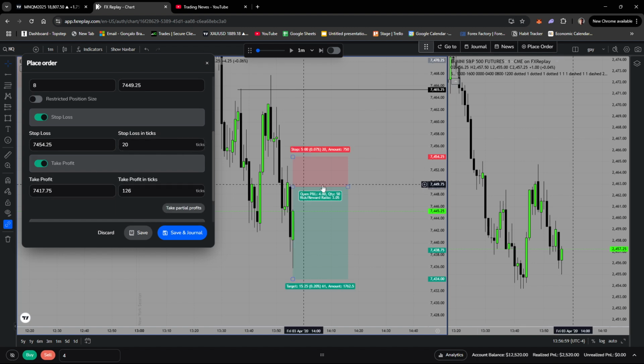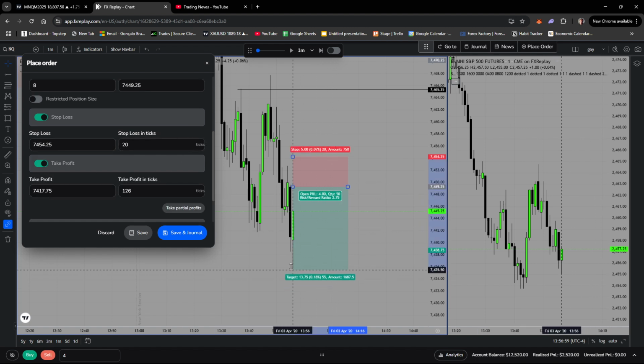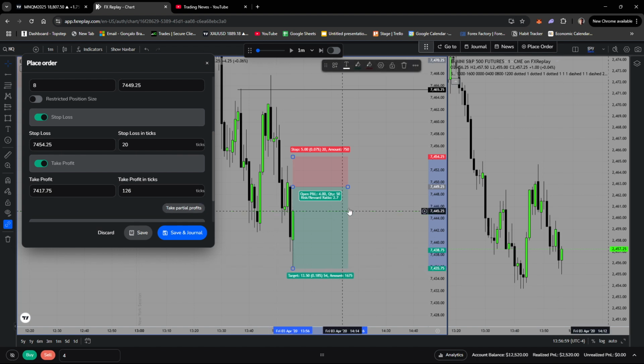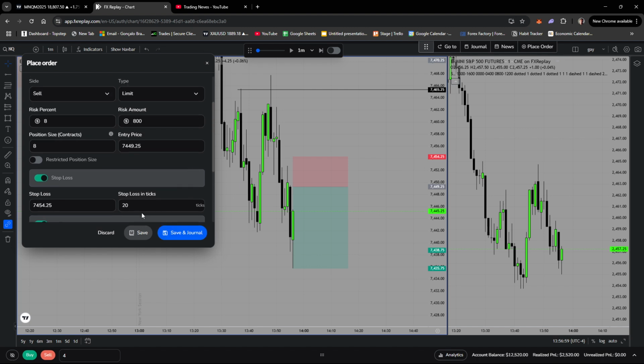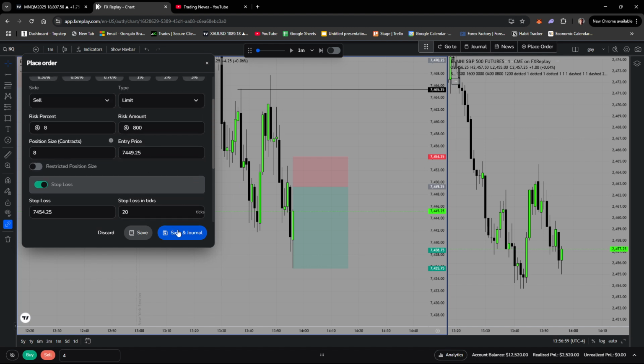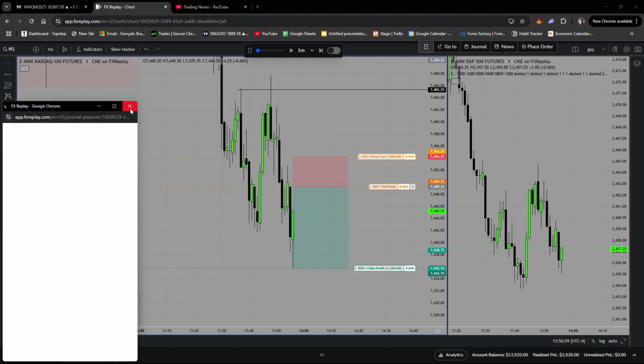It's fine. Take profit. Should we target this low? This low is the only area that makes sense. So the take profit will be the low. Okay, 54 points. We want to risk 800s. Let's press play.